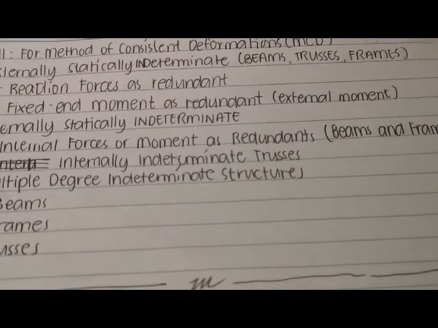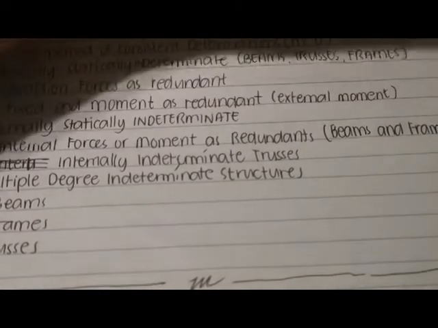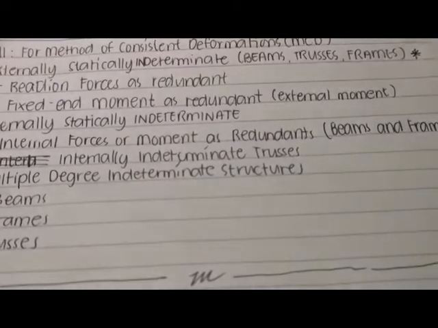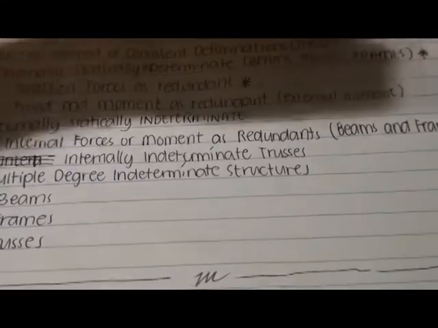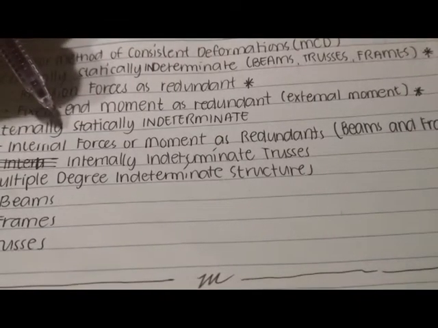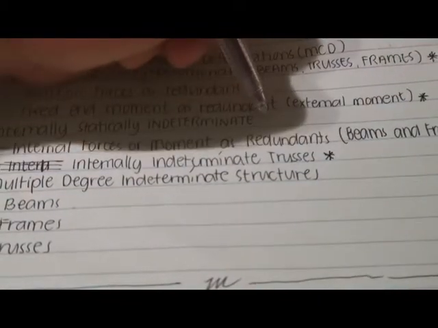So we've already solved this one: externally statically indeterminate with reaction forces as redundant, fixed end moment as redundant, and for internally statically indeterminate, we already solved internal moment and forces as redundant, and the internally indeterminate trusses.